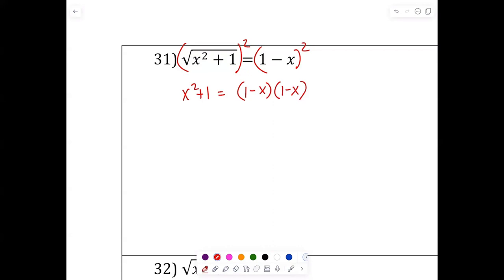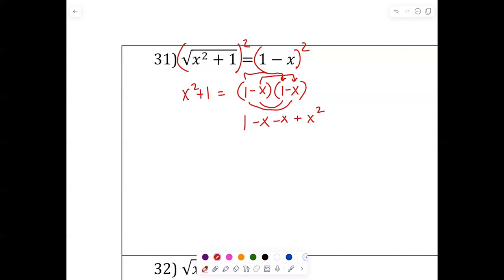You've got to multiply that out. So what's 1 times 1? 1. First smiley face, -x. Second smiley face, -x. And then -x times -x is positive x squared. Positive x squared. Everybody good with that?